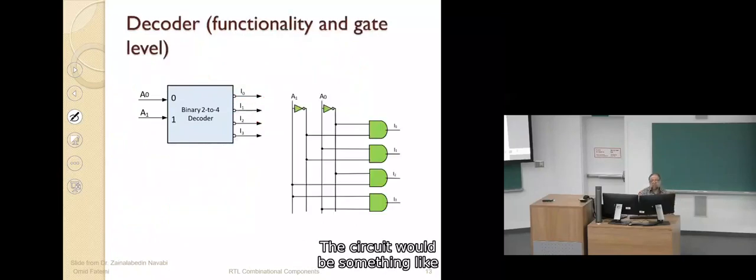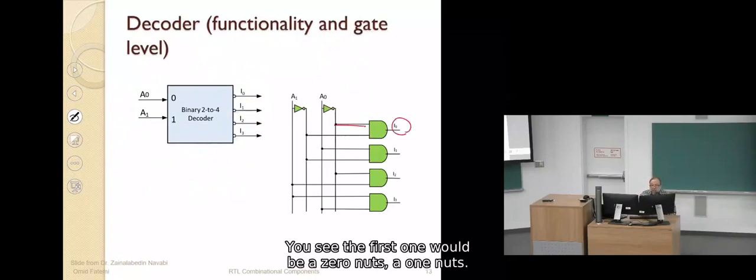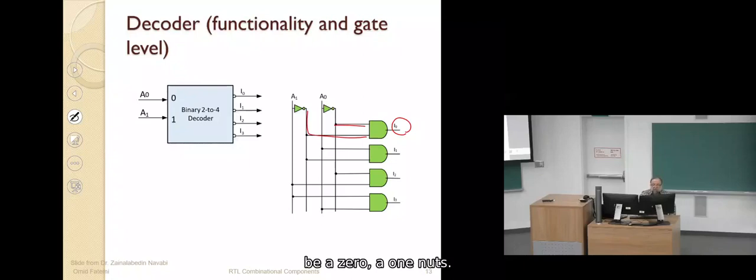So the circuit would be something like that, very simple. Here you see the first one would be A0 not, A1 not, the first minterm. The second one would be A0, A1 not. The third one would be A0 not, A1, and the last one would be A0, A1.